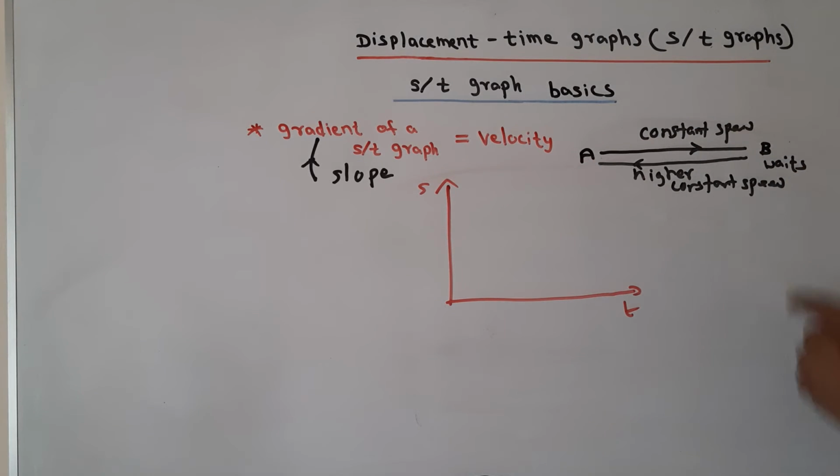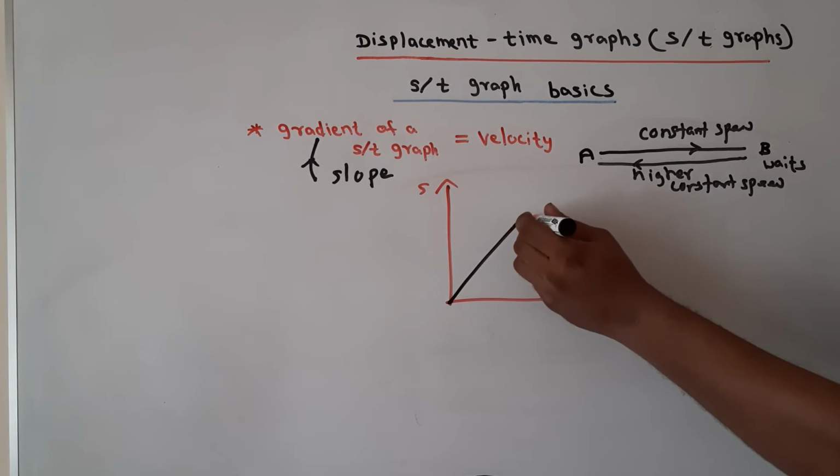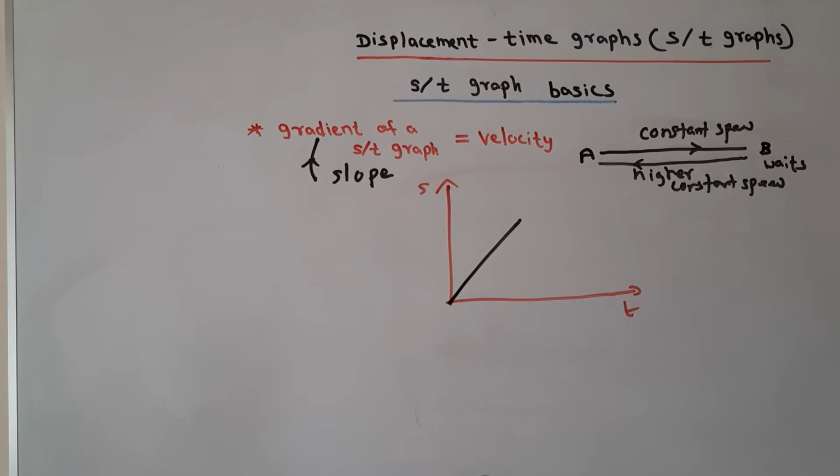Initially from A to B running at a constant speed. So shall we draw it like this?